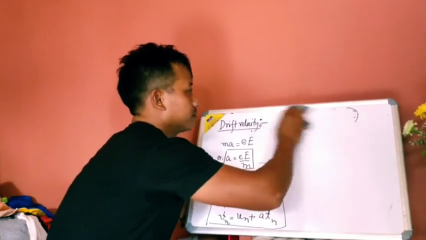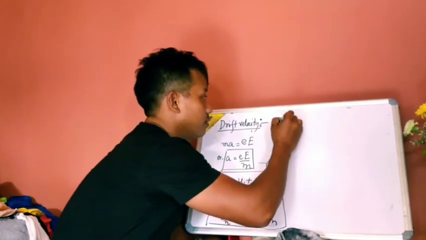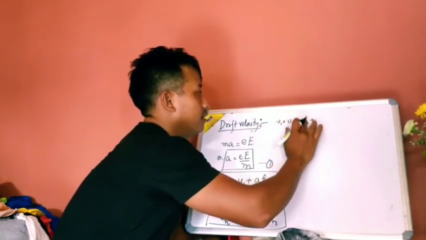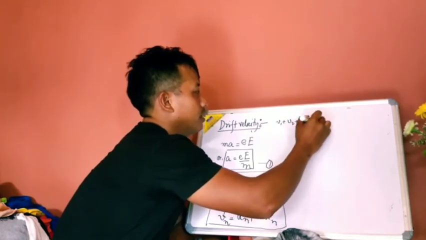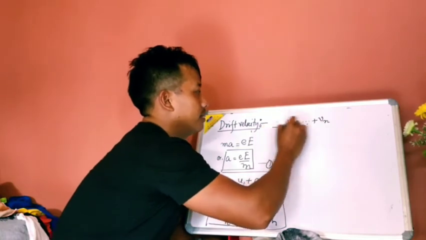velocities. On the left side we have v1 plus v2 plus v3 up to vn, divided by n.